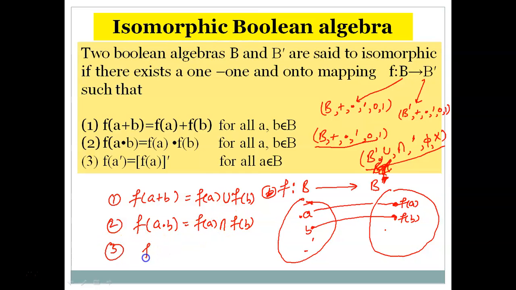And similarly, F of A complement will remain as such, but the meaning of complement on the right hand side will be the complement of a set, and here the complement of a number in fact. So depending on the structures of the Boolean algebra, these three properties of the definition can be modified in the same sense.